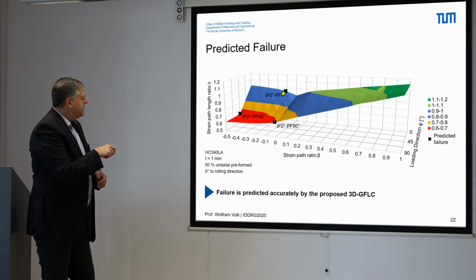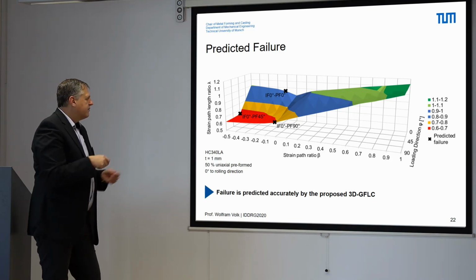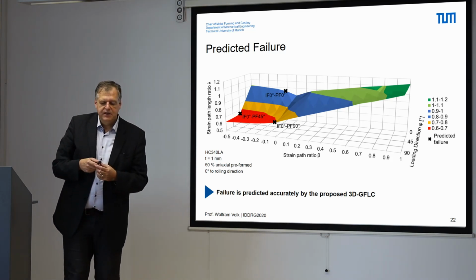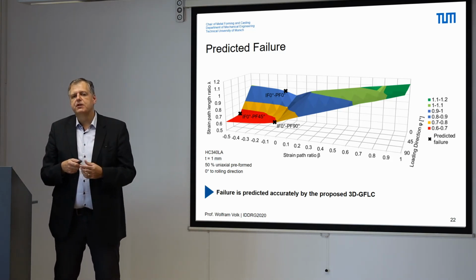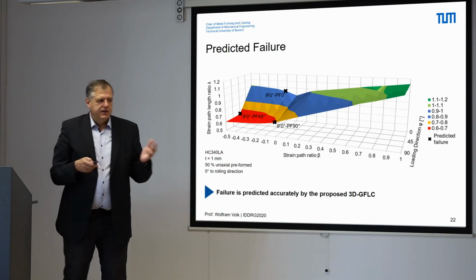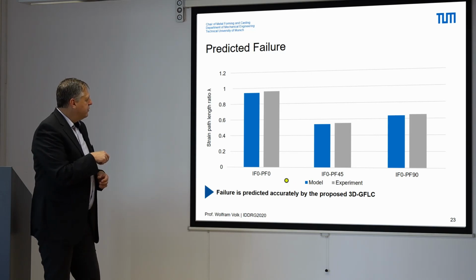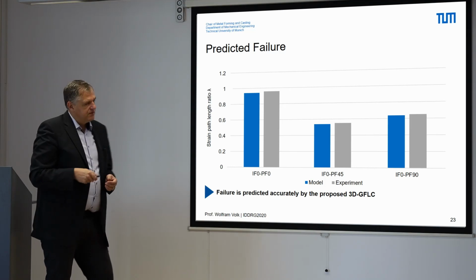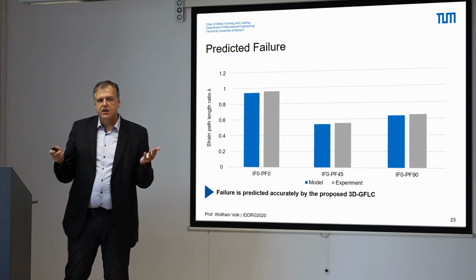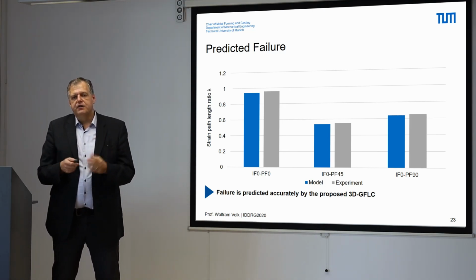So you see here really different points which occurred for the failure, and also from this intersection cut it seems to be a good prediction. Now you can analyze it in more detail. Here in blue, our model, and in gray, the experiments. And what we think is really convincing is the high accuracy.